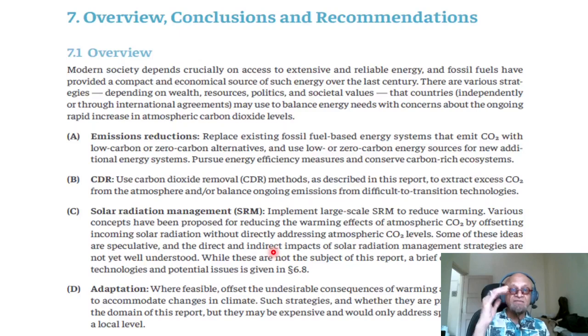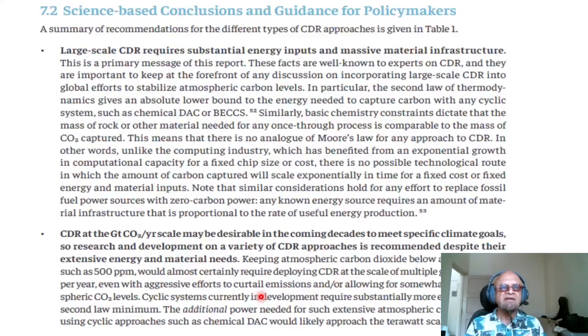And if SRM, solar radiation management, is stopped, then what happens? So these are tricky questions. Adaptation, of course, where feasible, offsets the undesirable consequences of warming and adapts systems to accommodate changes in climate, and that's very obvious. We discussed it extensively elsewhere.